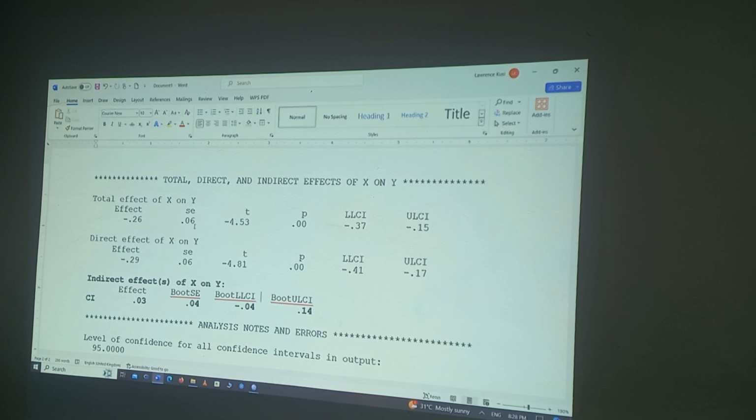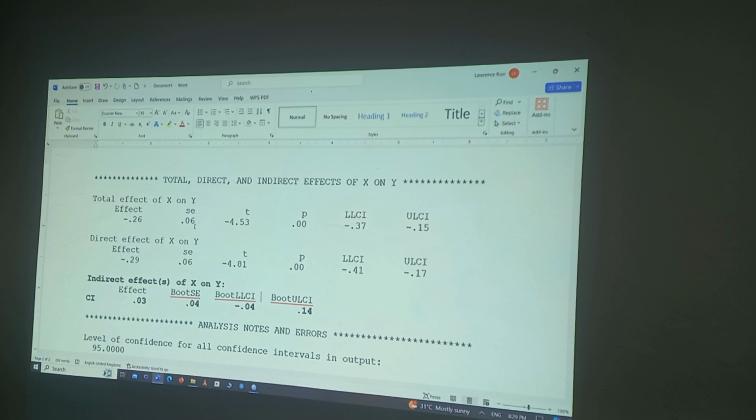When I was teaching you multiple regression, what name did I give to that particular table? The coefficients table. The coefficient is the contribution, how much each of them contributes.